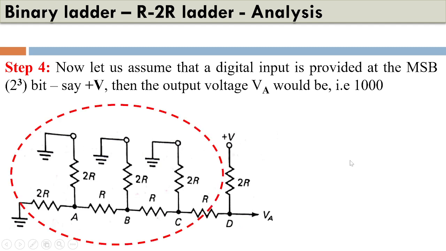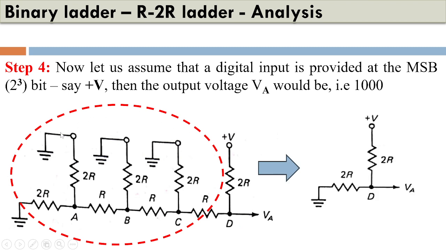Now if we look into this particular circuit, we have already seen that if we connect this to the ground, then this is equivalent to R, which is again equivalent to 2R.